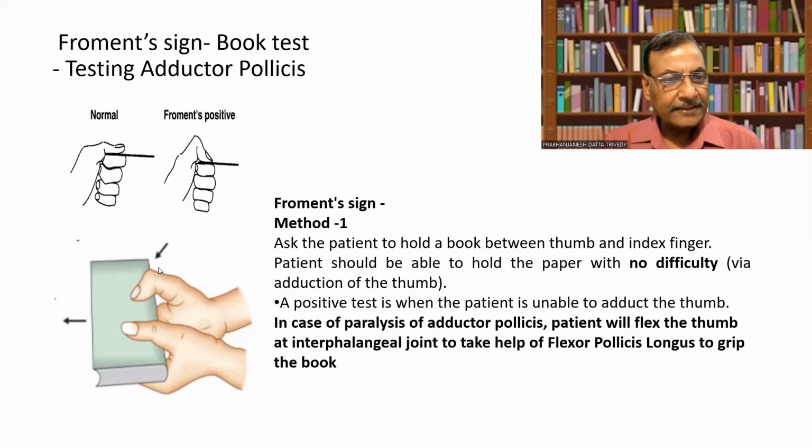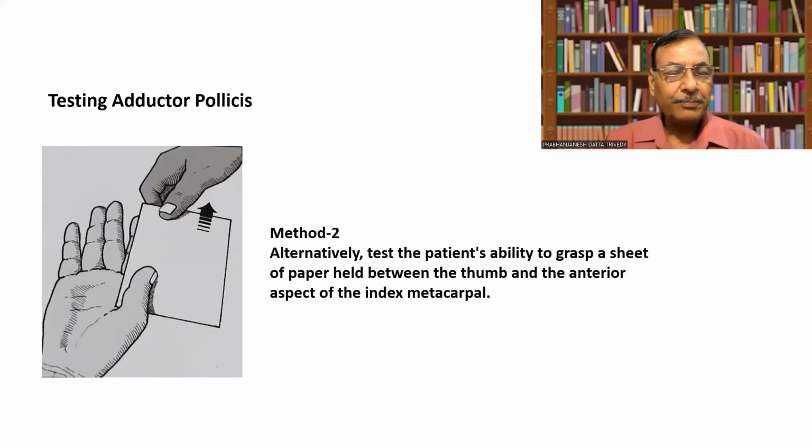You do it like this, and the patient will flex the interphalangeal joint of the thumb like this. Adductor pollicis muscle testing can be done alternatively. Test the patient's ability to grasp the sheet of paper, which is held between the thumb and the anterior aspect of the index metacarpal, and then you pull it.